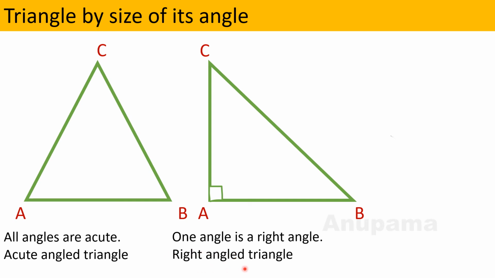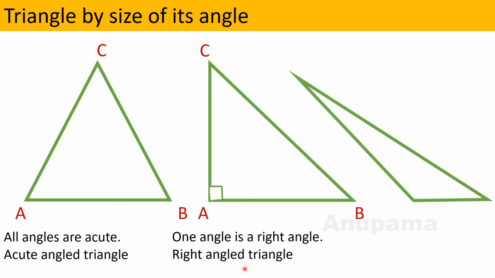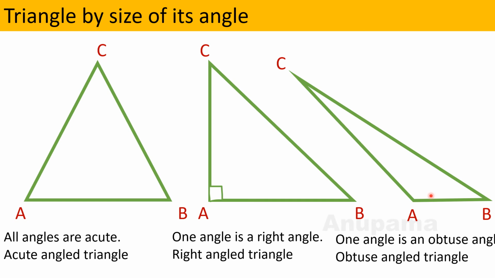Next type of triangle on the basis of angle is this. In this triangle ABC, if you will observe, this angle A is obtuse angle. That's why it is called obtuse angled triangle. So there are three types of triangle on the basis of its angle. If all three angles of triangles are acute, then it is called acute angle triangle.